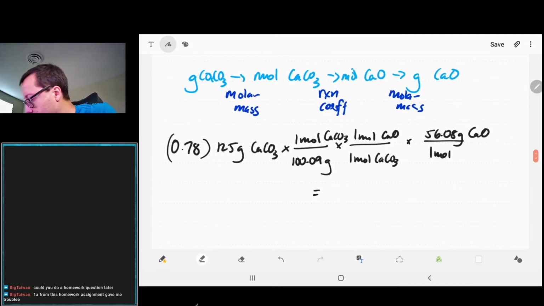All right, let's do it. 0.78 times 125 divided by 100.09 times 56.08. Doing this, I get 54.6 grams, which is answer E, apparently.